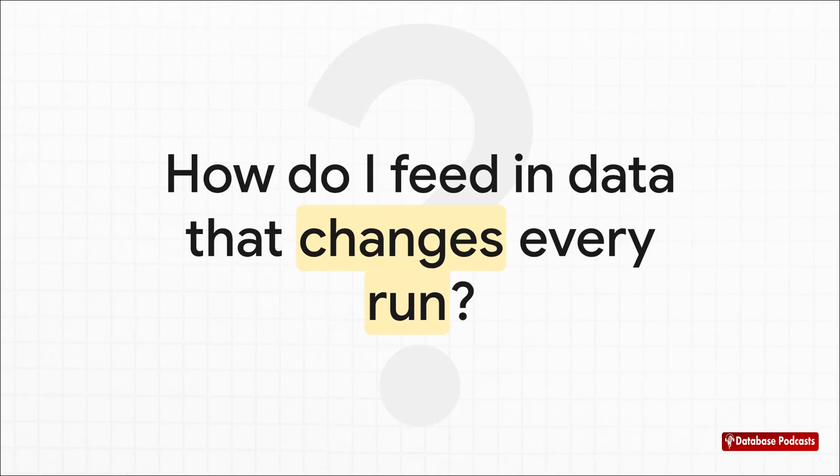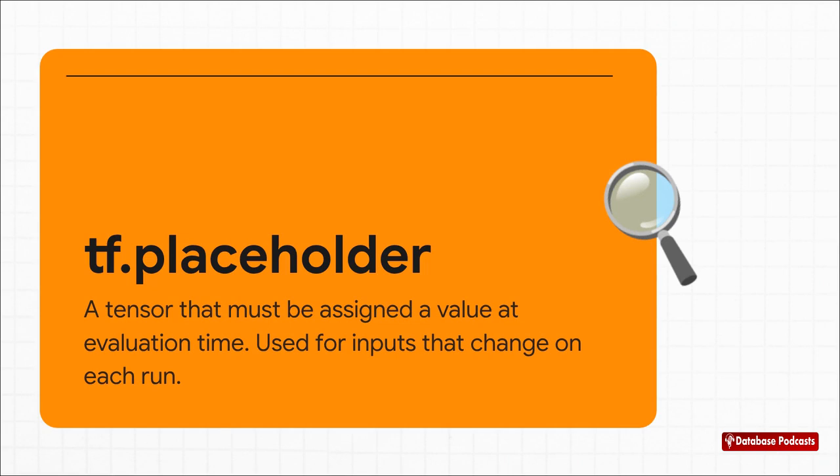All right, so we've got constants for fixed values and variables for things that learn. But what about the most common situation of all? How do we feed in external data, like our training images, that's going to be different every single time we run the graph? The answer in this classic TensorFlow world is the TF.placeholder. Think of a placeholder as a promise.